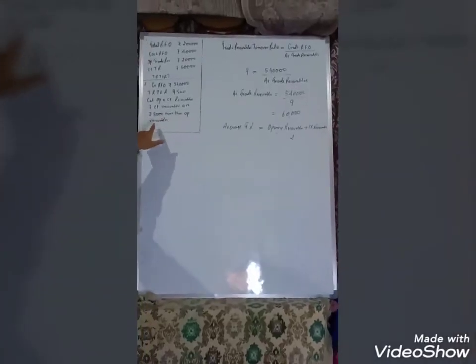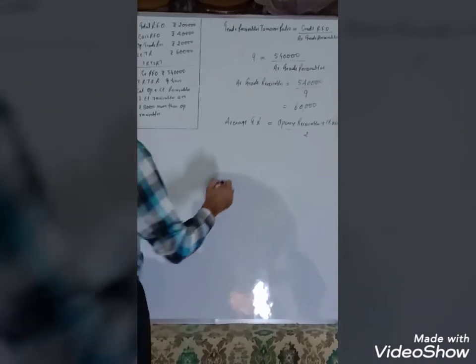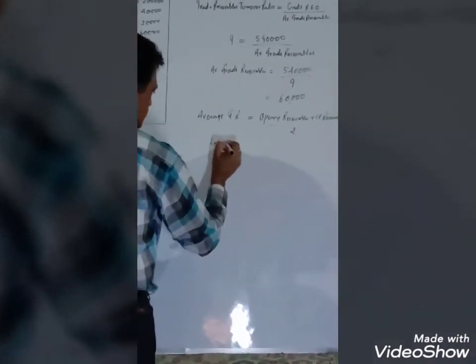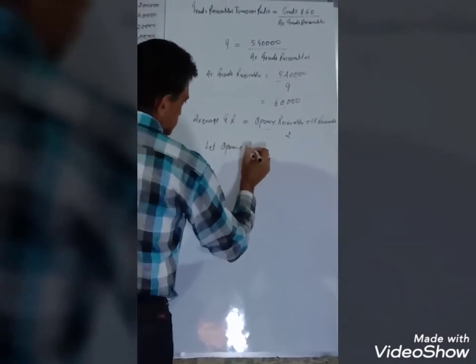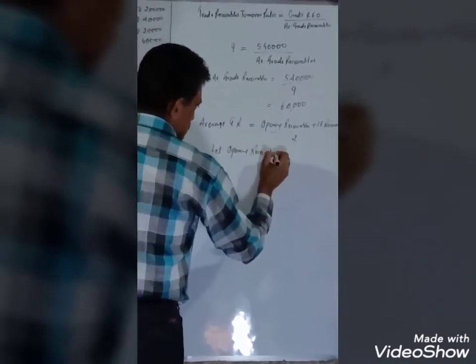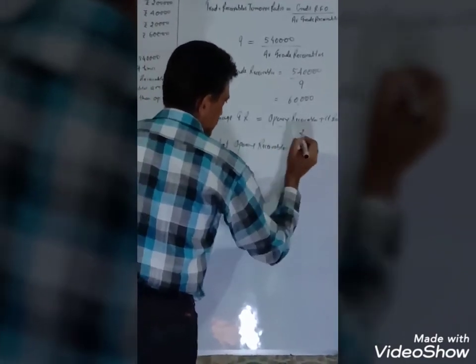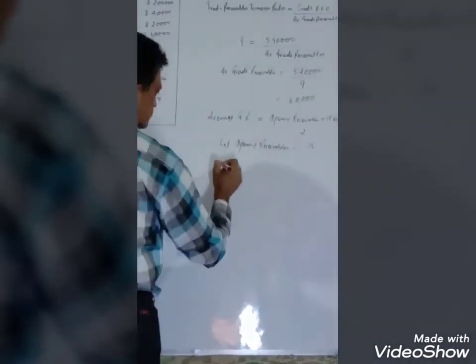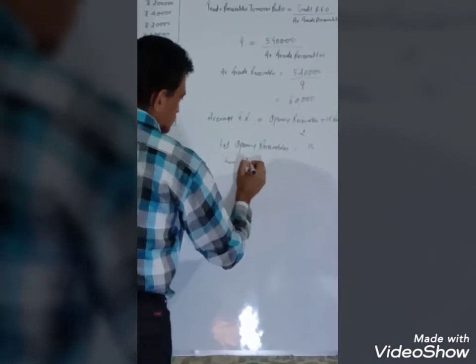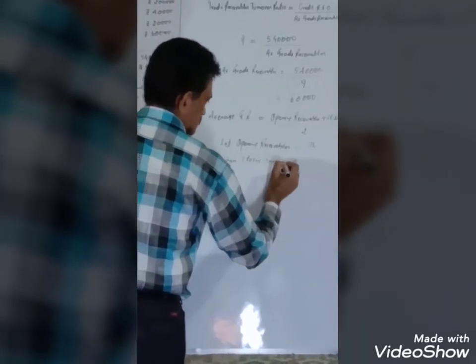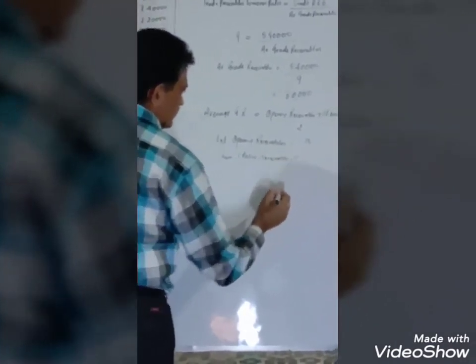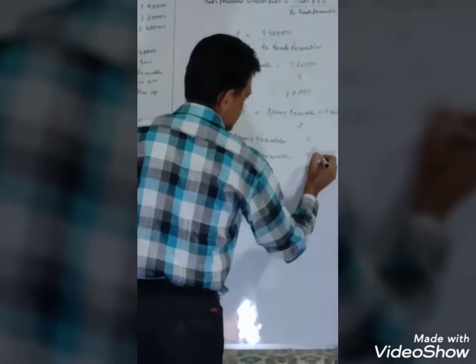The information is that closing receivables are rupees 8,000 more than the opening receivables. Let us assume opening receivables is equal to X. Then closing receivables will be X plus 8,000.